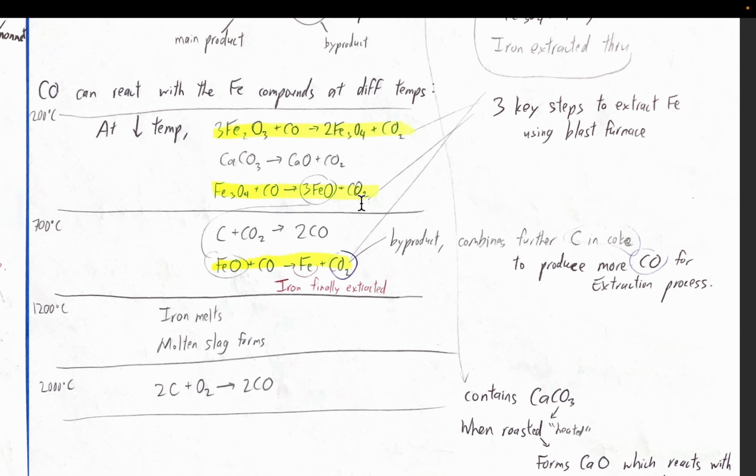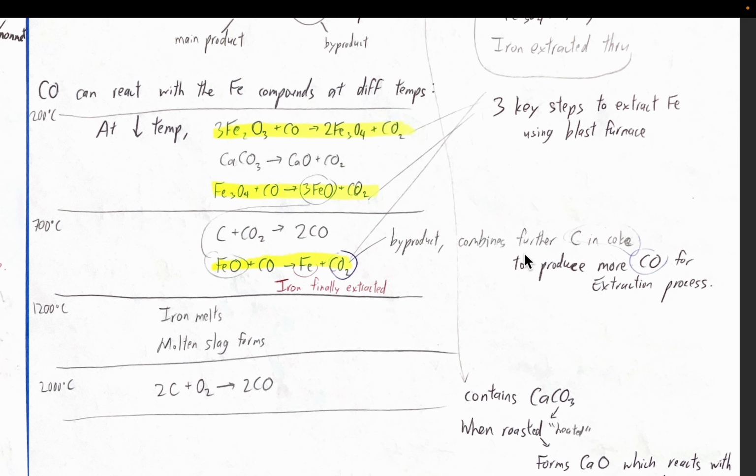CO2 will always be a byproduct. FeO plus CO at around 700 degrees Celsius would produce iron. This is where iron is finally extracted. Carbon dioxide, on the other hand, is a byproduct.